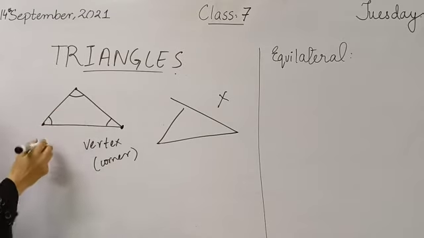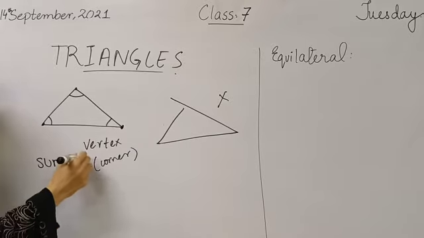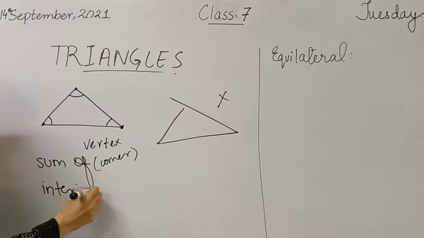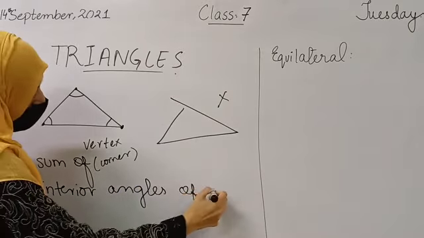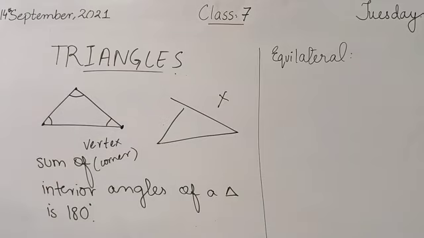Next, the sum of interior angles of a triangle is 180 degrees. Okay?